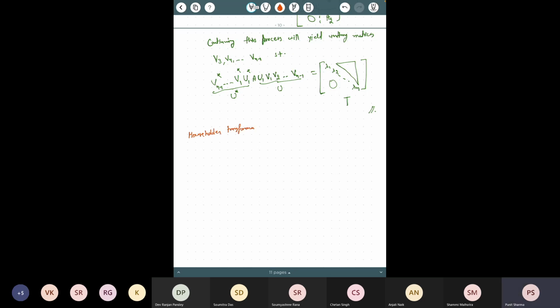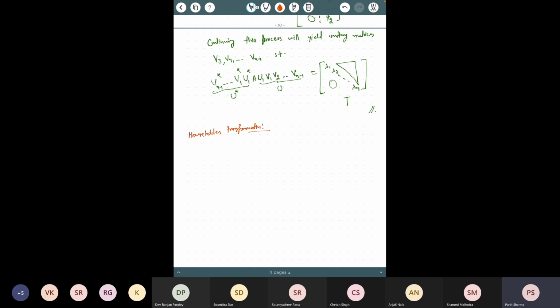So householder transformations are actually unitarily similar transformations, but that unitary matrix has a particular form. It behaves either like a rotator, a rotation matrix, or like a reflection matrix. In R2, you know what a rotator or reflector is. They are linear transformations. But in general, in Rn or Cn also, you can talk about these rotators and reflectors.